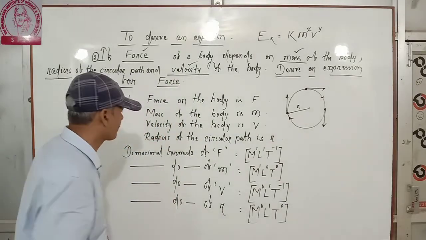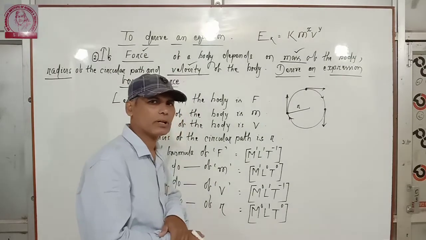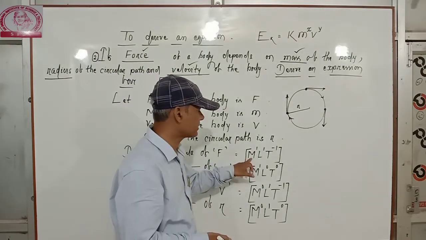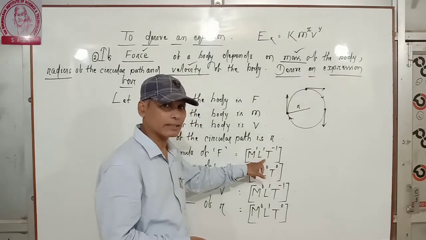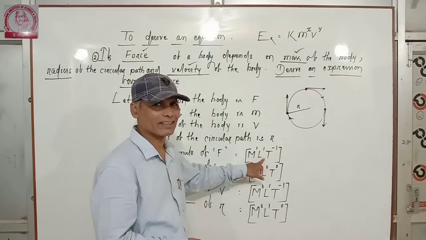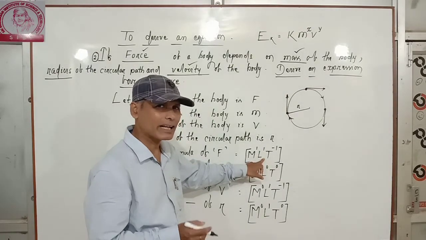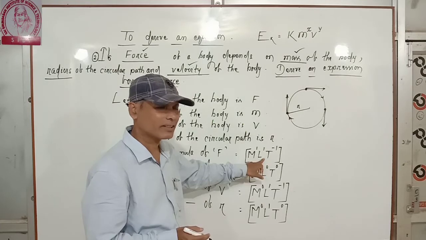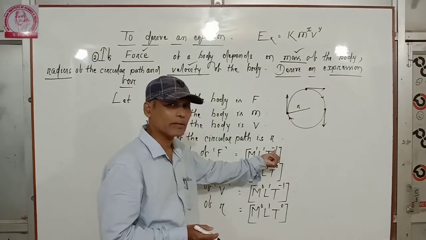Check it again. Dimensional formula of F is equal to ma. So mass is here, acceleration is here. Is it here? No, acceleration is not there. How did I come to know acceleration is not there? Because I have written L to the power 1 and T to the power minus 1.